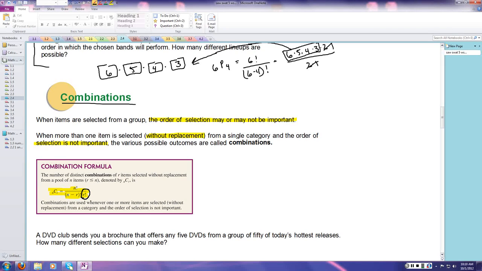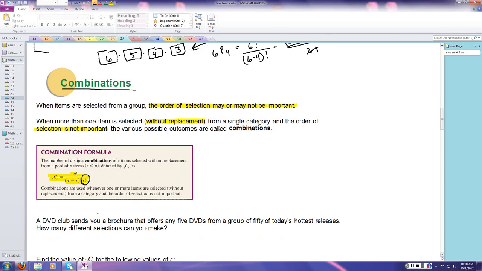So if I'm picking 3 students to be in a group, and it doesn't matter the order I pick them, if I pick 1, 2, 3, or 2, 1, 3, that's the same group. So here you divide out by the repeats, and that's always R factorial. So you're still taking R items without replacement from a pool of N items, but the order does not matter.